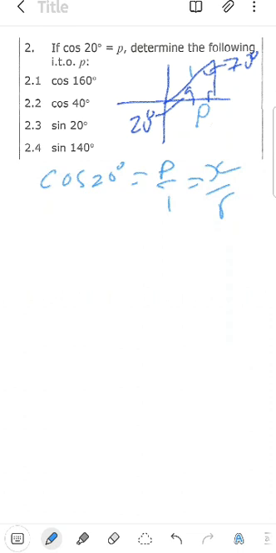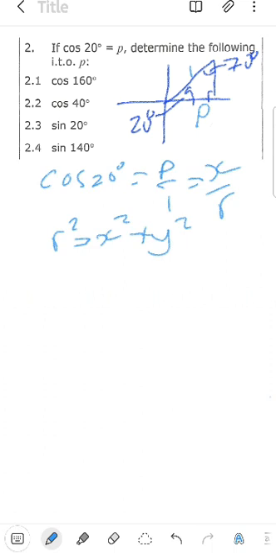Our original formula of Pythagoras theorem says r squared equals x squared plus y squared. So the hypotenuse side squared equals the sum of the two other sides squared.